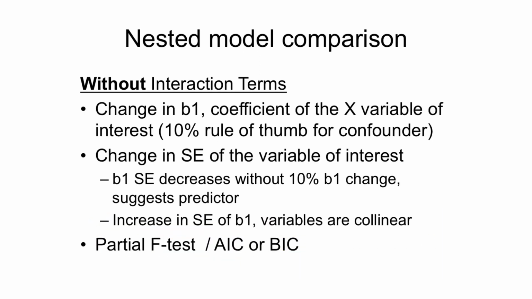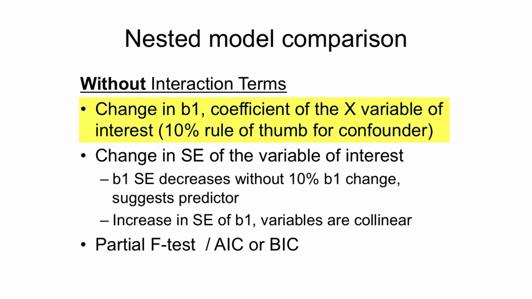This is just a quick review of nested model comparisons. First, let's talk about the situation without interaction terms, like when you were asked if years since degree or degree should be added to the model in Assignment 1. When you're asked if a variable should be included in a model, in addition to theoretical considerations and examining bivariate associations between the new variable and the primary explanatory and outcome variables, you should also do these model comparisons.